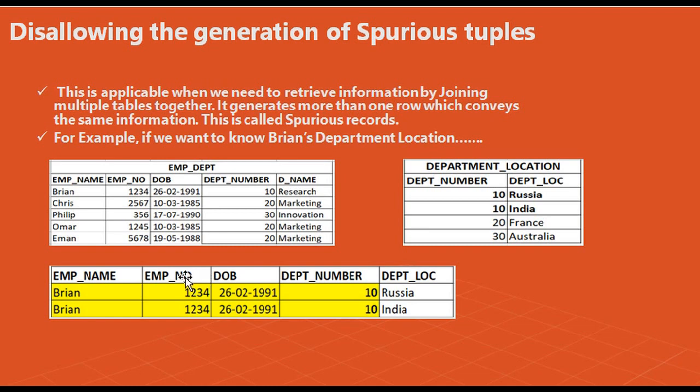So if an employee is associated with a department which operates from hundreds and maybe thousands of cities all over the world, and I join these two with this design, I'll get 1,000 records. The only differentiation would be the location of the department, but all the employee related attributes would be repeated. So this is the problem of generation of spurious tuples.